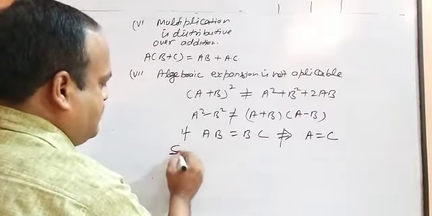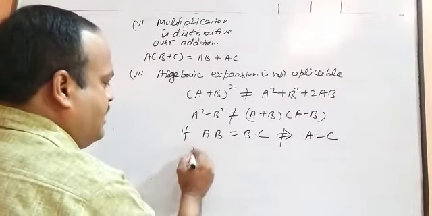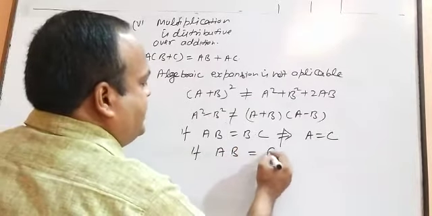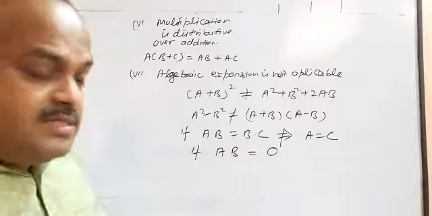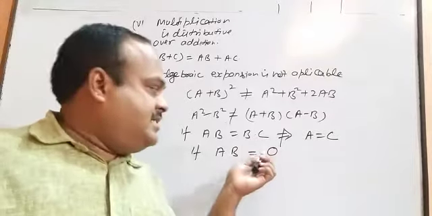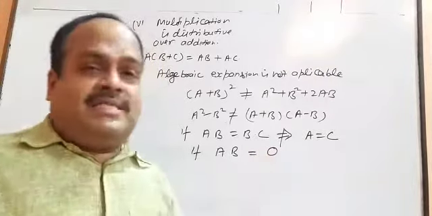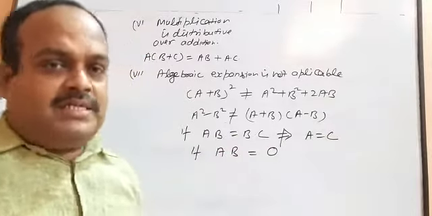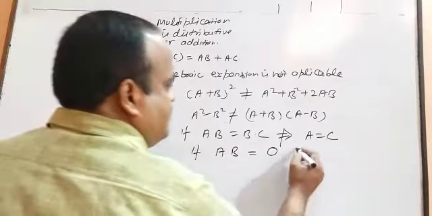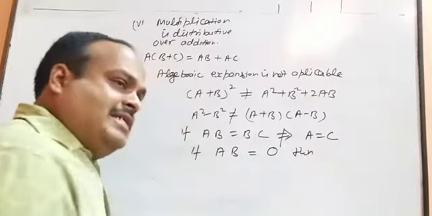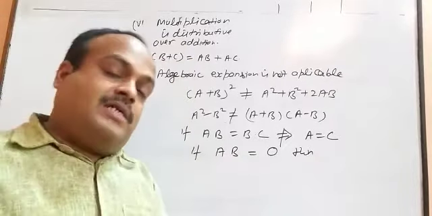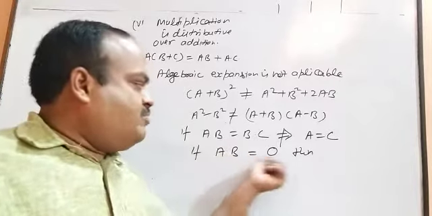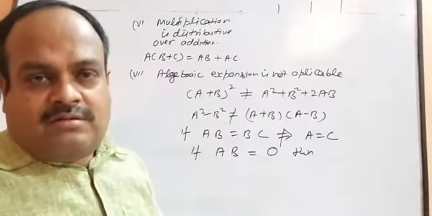Second one, if A into B is equal to 0, remember, this 0 is a 0 matrix. This is not a real number. If we multiply two matrices A and B and the result is a 0 matrix, then what do we write in the case of a quadratic equation? We write, if the product of two factors is 0, then either one is 0.